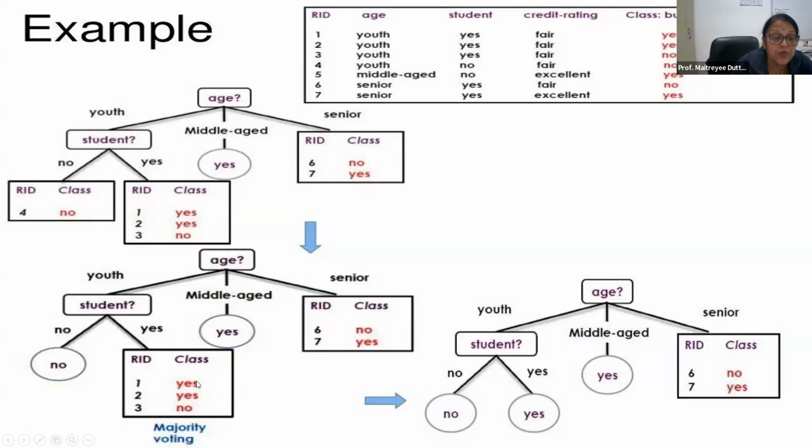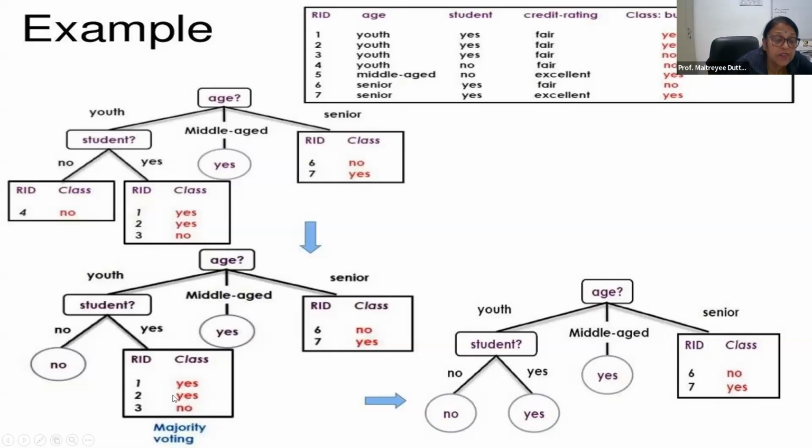That time we will do the majority voting. Why will we do the majority voting? Because the third field, the credit rating, we have seen is not of any advantage, because all these are fair only. So we cannot do the classification depending on the credit rating.